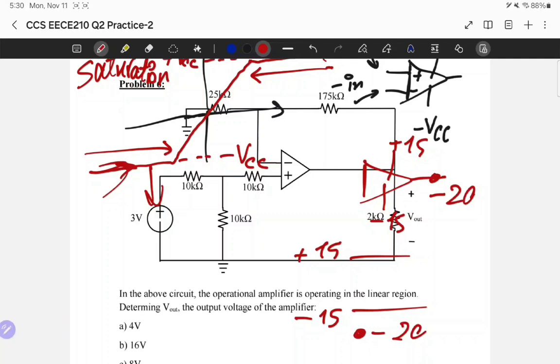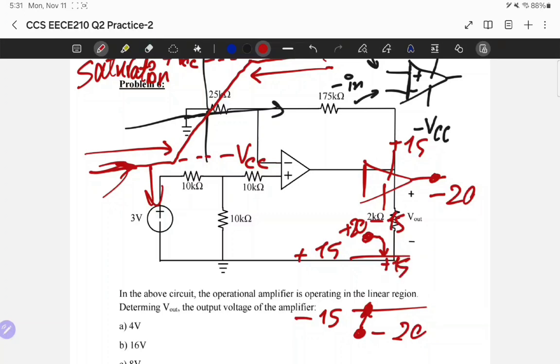It's operating beyond its boundaries, so minus 20 is an illegal value, and what I do is get it back to minus 15. Same case if I calculated plus 20: I'm going to say the operational amplifier is saturated and I get this value back to plus 15.